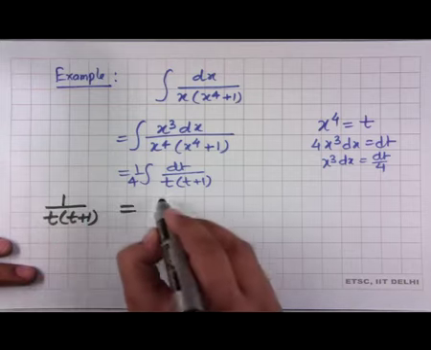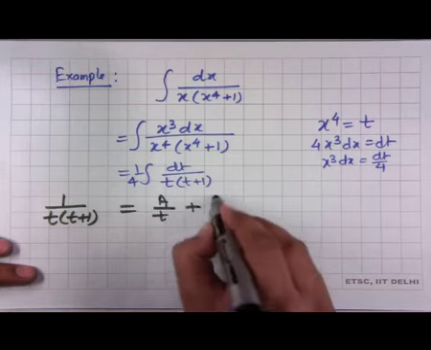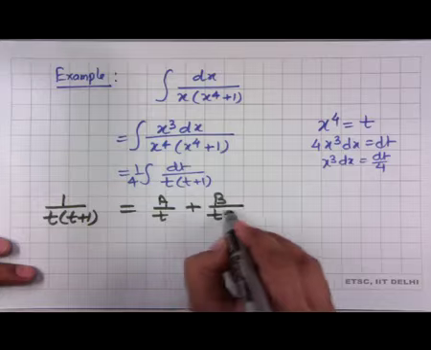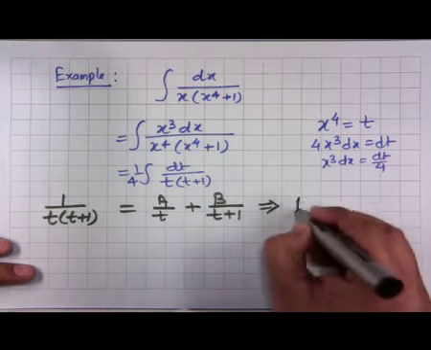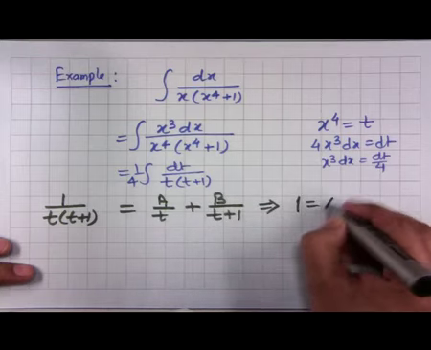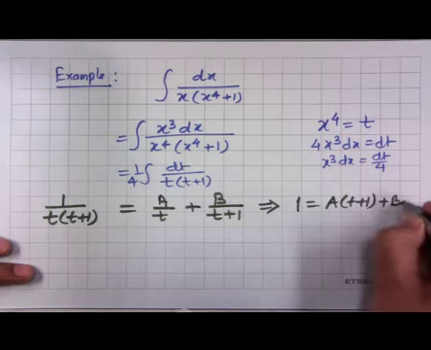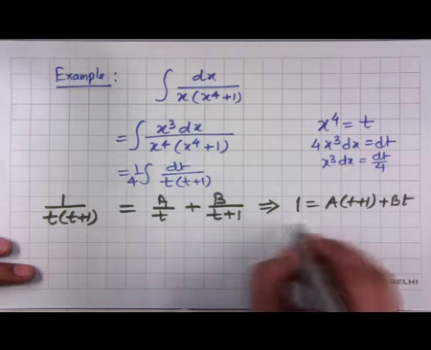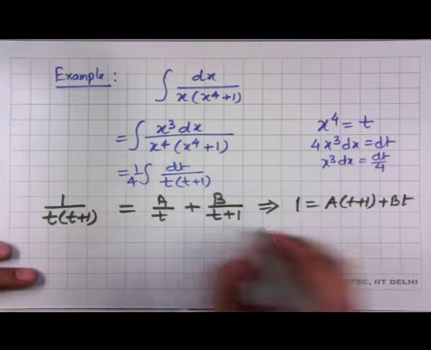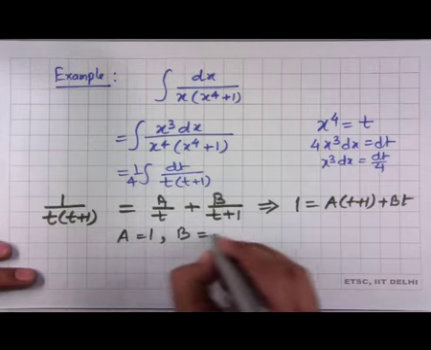I can write it as A by t plus B by (t + 1). So, now I just need to compute the values of A and B, again using the comparison, A times (t + 1) plus B times t. So, it will lead to A equals 1 and B equals minus 1.